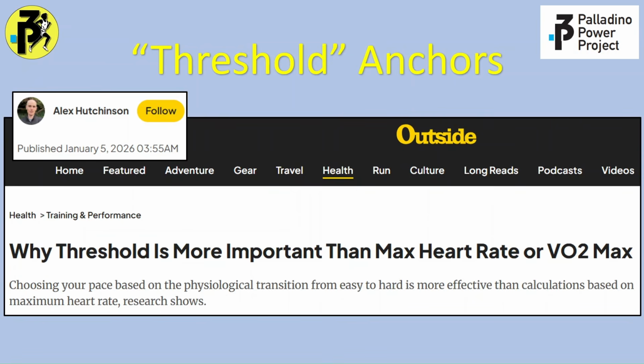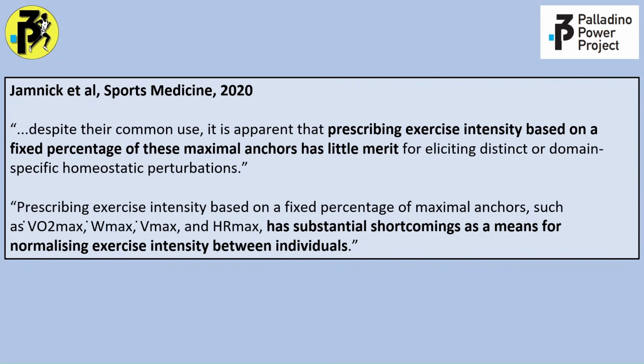This concept is further supported, and has been for quite a while, in the scientific literature. Jamnik in 2020 published a great article that I recommend, which basically stated that prescribing exercise intensity based on a fixed percentage of maximal anchors, that would be heart rate max, speed max or velocity max, VO2 max, has little merit for eliciting distinct or domain-specific homeostatic perturbations or stimuli, so to speak.